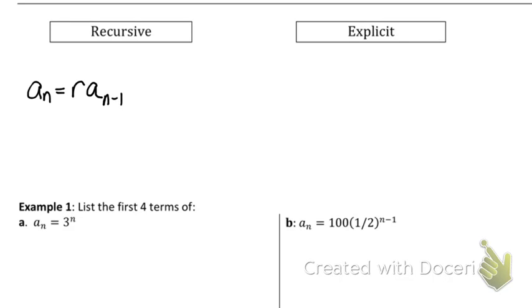That is our recursive formula. Remember, if I do a recursive formula, I do have to say a sub 1 equals some number, to be 100% correct. So make sure you list that a sub 1 equals some number. We'll call it x.